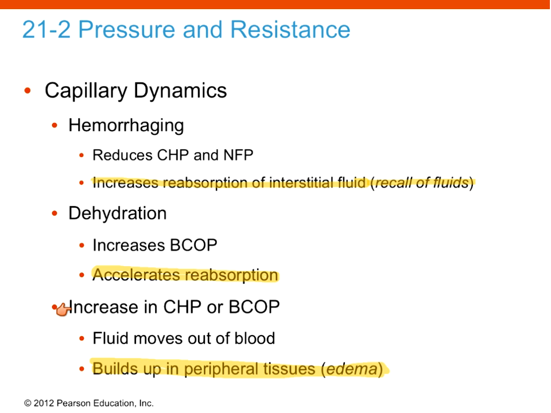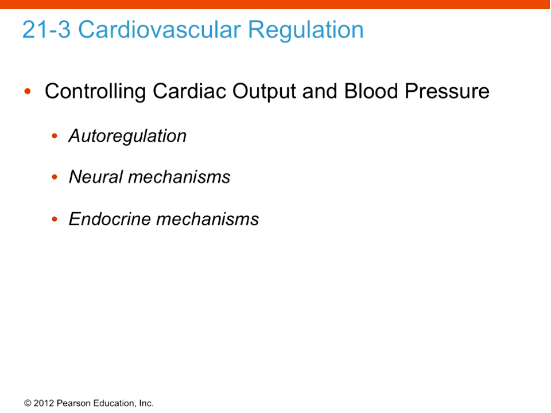If something happens to increase the capillary hydrostatic pressure or the blood colloid osmotic pressure that's not dehydration, then fluid can move out of the blood and will build up in the tissues. So just to make sure you understand how an increase in blood colloid osmotic pressure can allow fluid to move out of the blood, it doesn't always mean there's an acceleration of reabsorption working properly to increase the volume of the blood and get that fluid back into the blood.